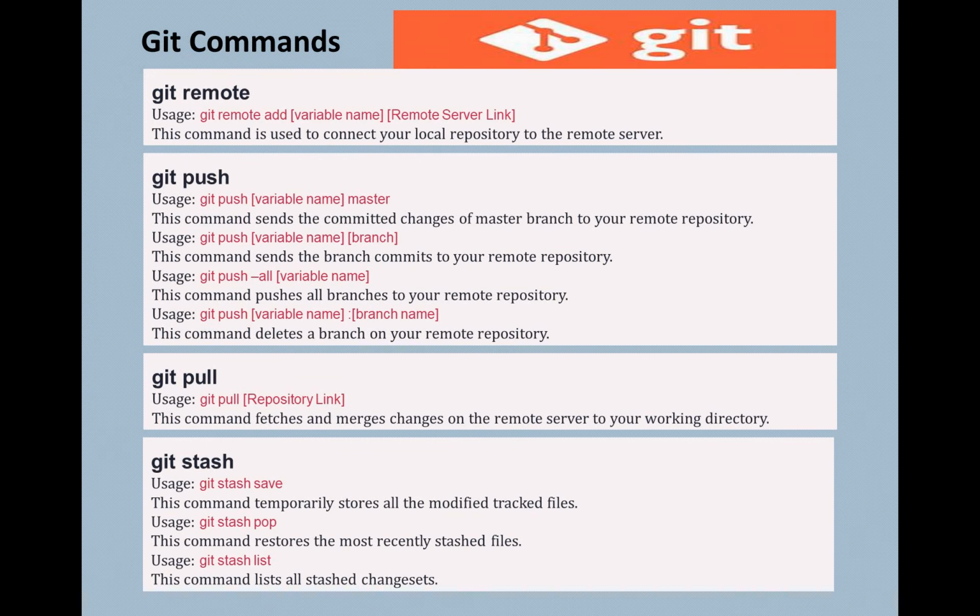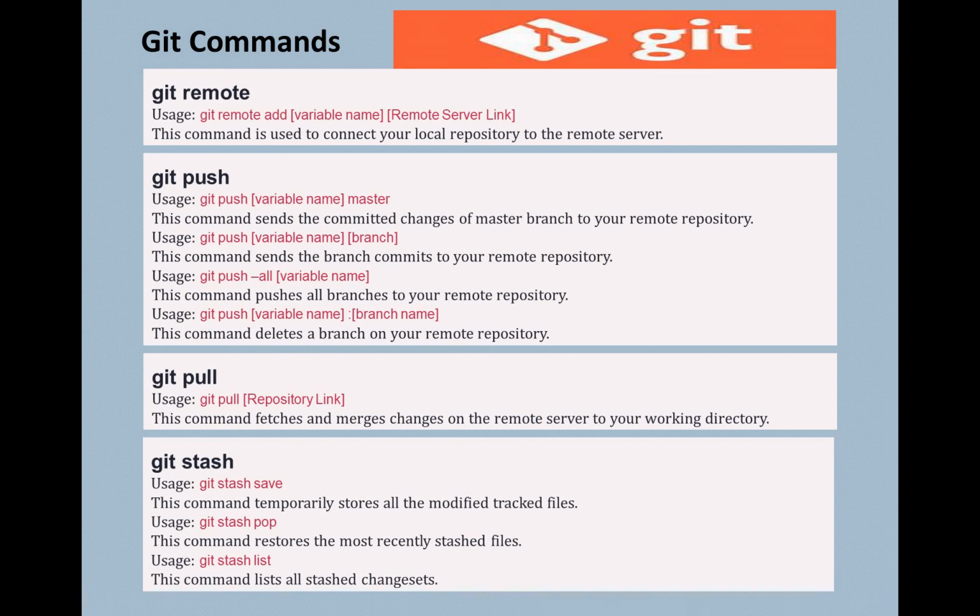Then the next one is git remote. Git remote add, variable name and remote server URL. This command is used to connect your local repository to the remote server, remote origin. Okay. And git push. The first use of git push is git push, variable name and master. This command sends committed changes of the master branch to your remote repository.